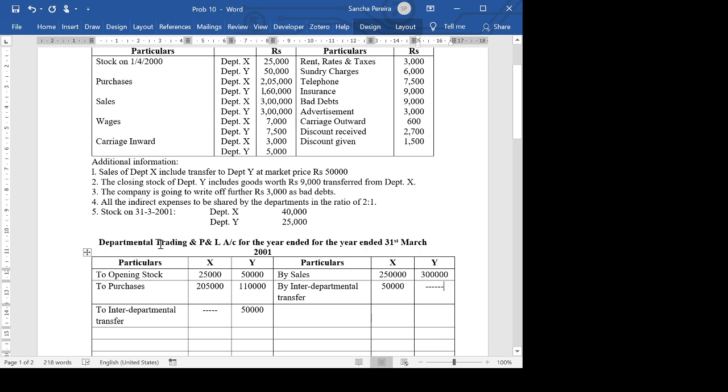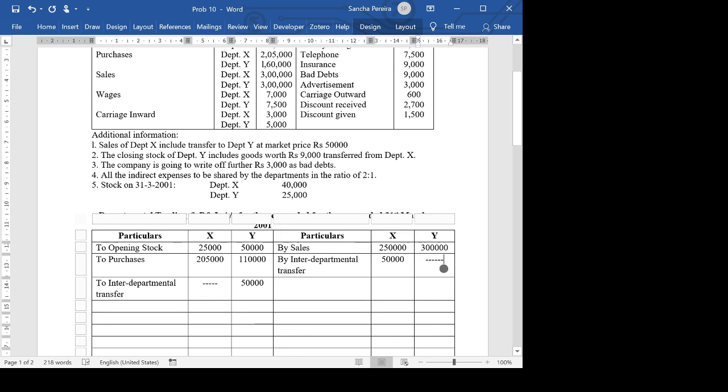Next, we have wages. To wages, which is already divided for us, which is 7,000 and 7,500. Then we have carriage inward. To carriage inward, 3,000 and 5,000.